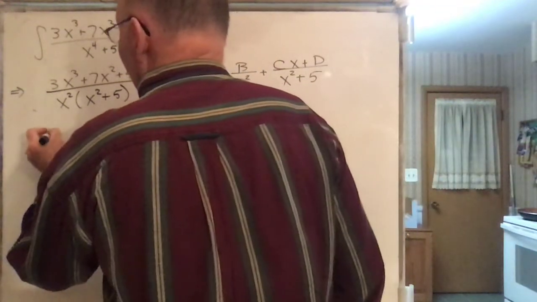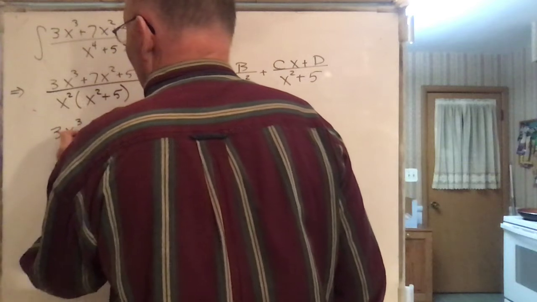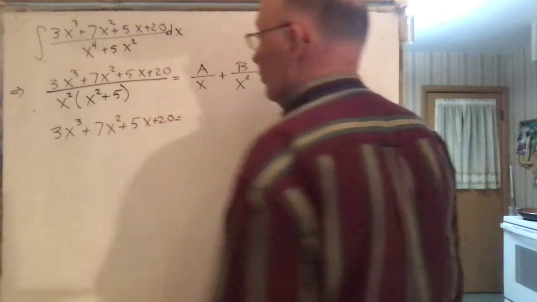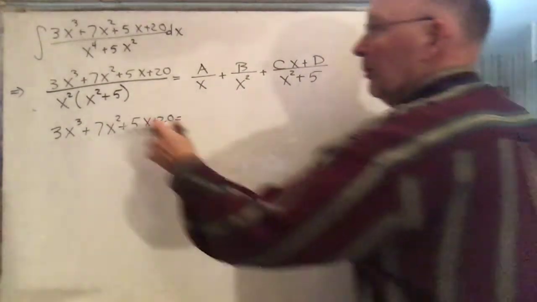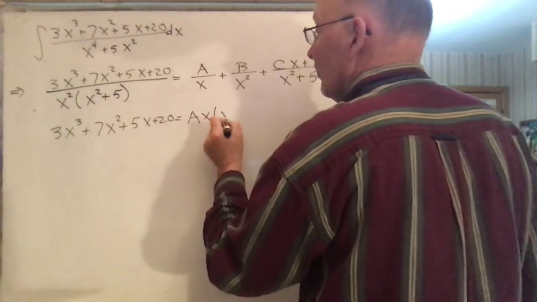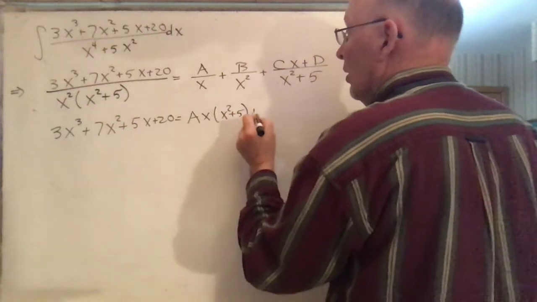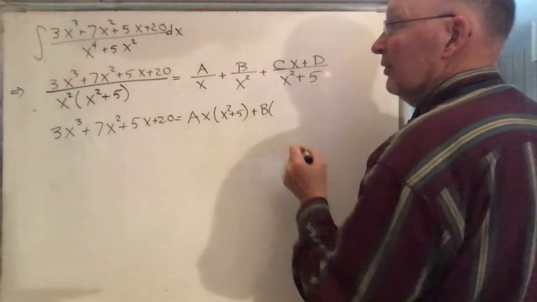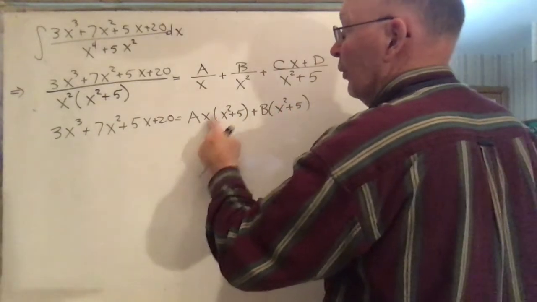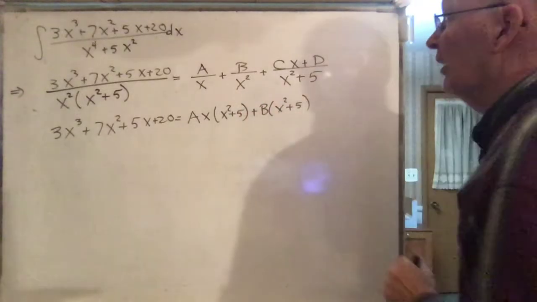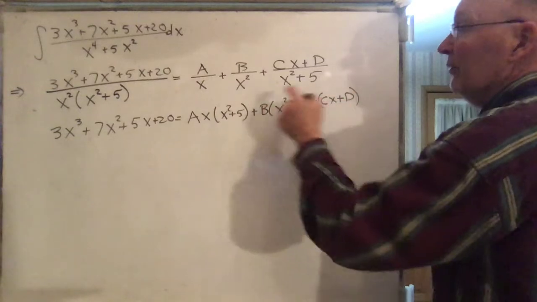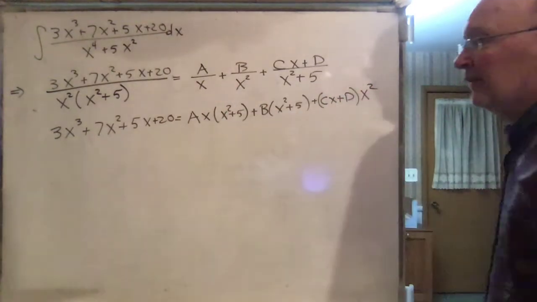So now we get what? 3x to the third plus 7x squared plus 5x plus 20 is equal to, you multiply it all out. So when you multiply both sides by this whole thing, you're going to end up with ax times x squared plus 5 plus b times x squared plus 5. Notice this one has an x there as well. This one doesn't because I have an x squared in the denominator. And then finally, plus cx plus d times x squared. Agreed?